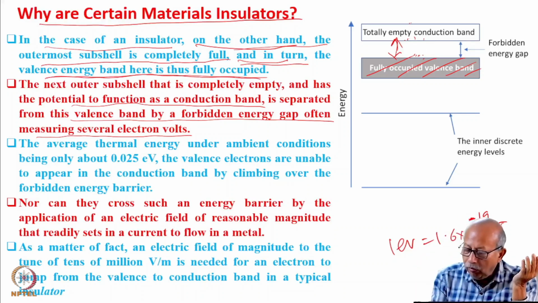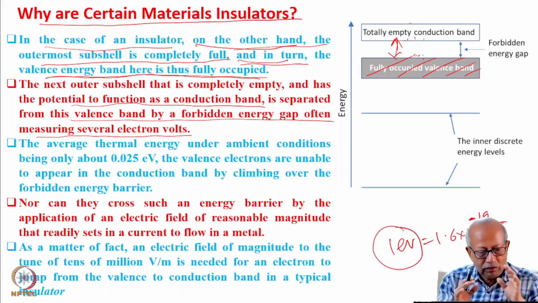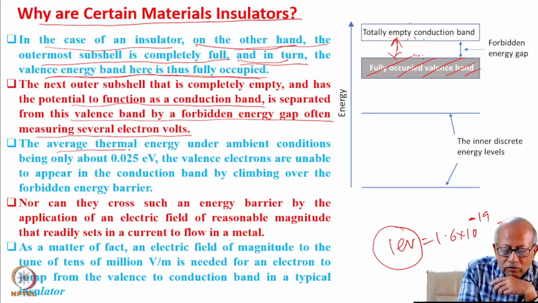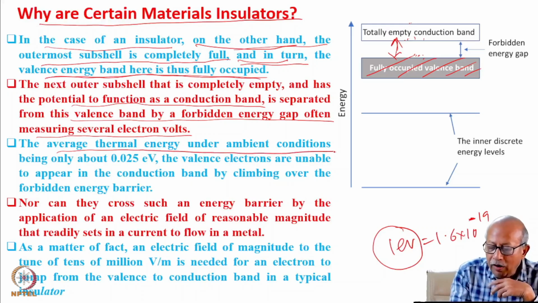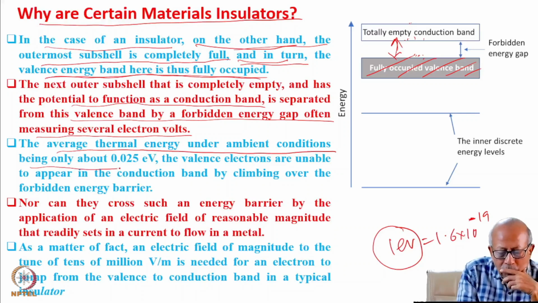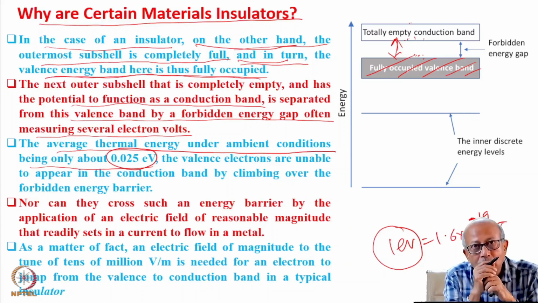Now, we will have an idea of electron volt if we consider it in terms of thermal energy. You see, the average thermal energy under ambient conditions is only about 0.025 electron volt.